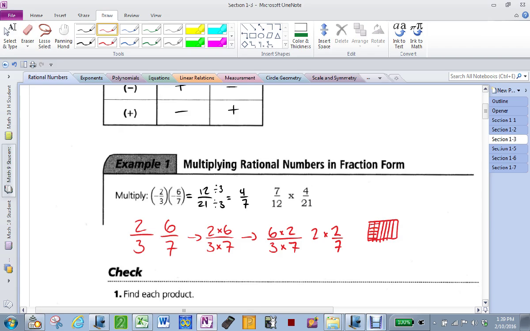And how many of those do I need? 2 times 2/7. Which means there's one group of 2/7, and there's another group of 2/7 for a total of what? 1, 2, 3, 4/7.